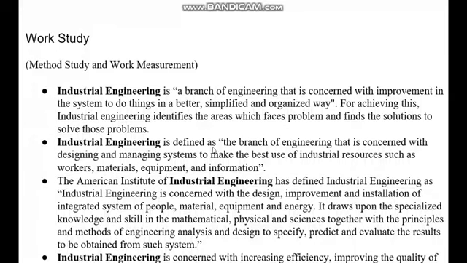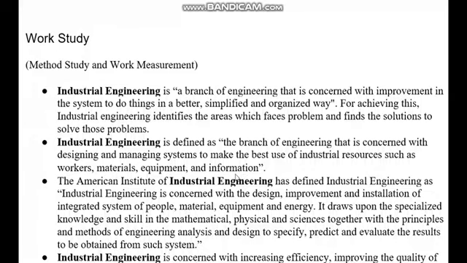Another definition is, it is that branch of engineering which is concerned with designing and managing systems to make the best use of industrial resources such as workers, materials, equipment, and information.